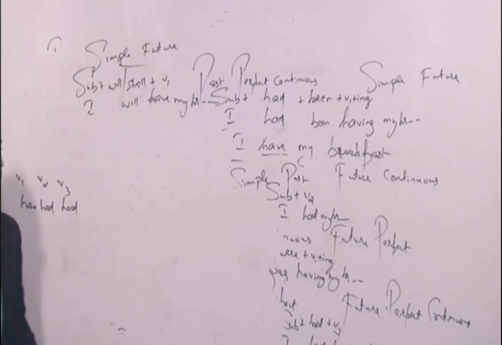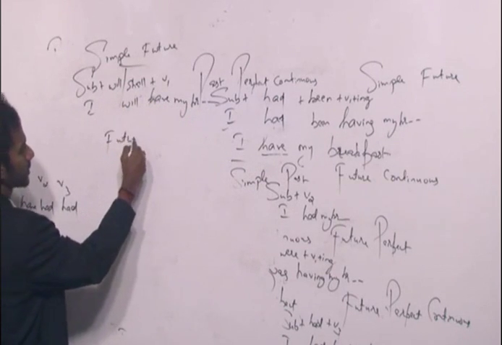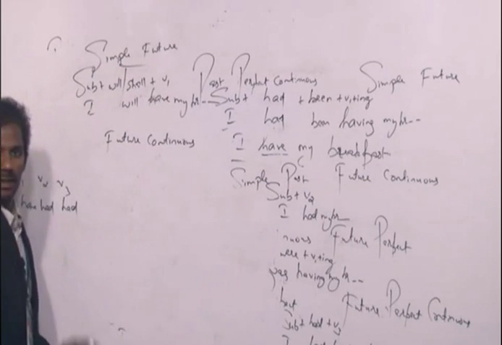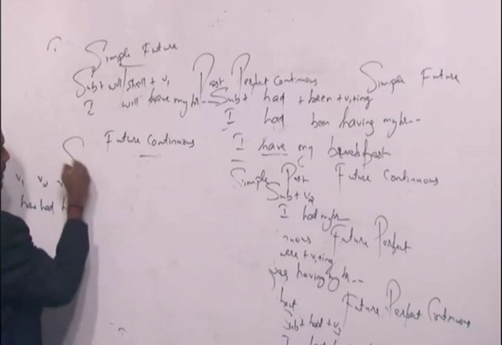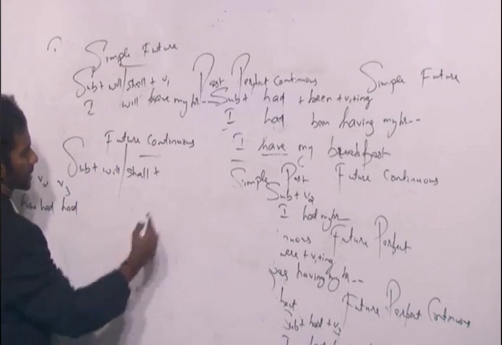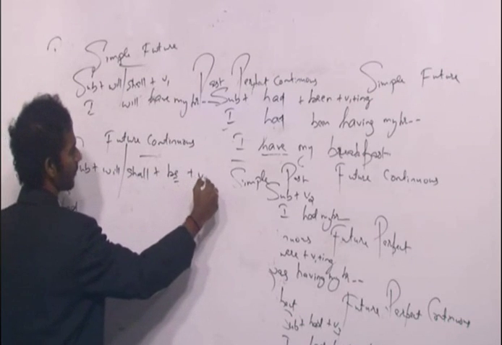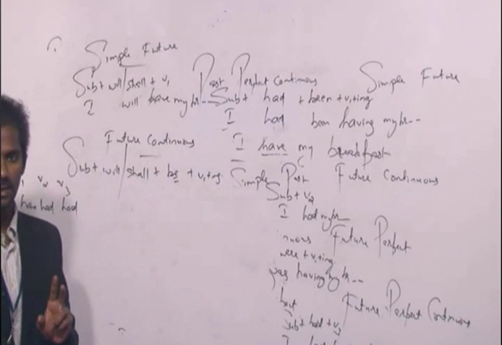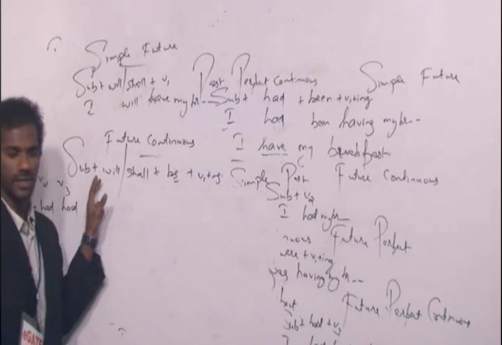Come to the second category in future tense. Future continuous. The structure is subject plus will or shall plus be plus V1 plus ing. I explained the structures in detail in the very first session of tenses, yesterday's session.